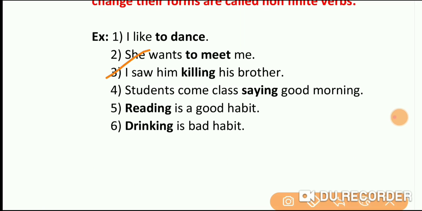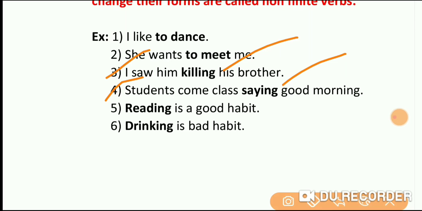So here you can see, I saw him killing his brother. Students come into class saying good morning, saying and killing. So in participles, verbs will always have the ing form. I saw him killing his brother. I saw him beating his brother.